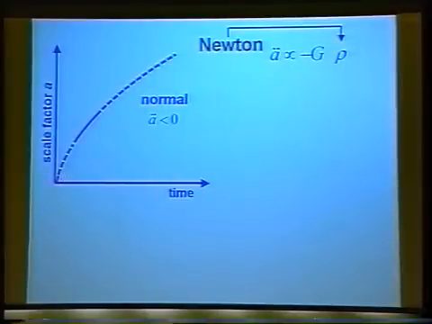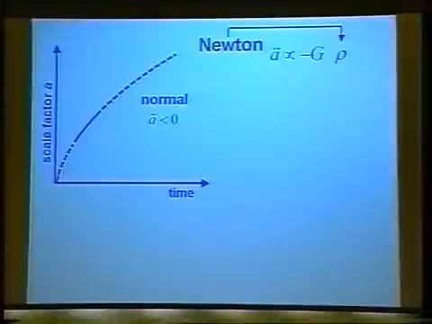So this would result in the familiar curve of the evolution of the scale factor with time, where the universe starts with a bang about 15 billion years ago last Tuesday, and then expands and slows in expansion because of the attractive nature of gravity. So it slows and either eventually recollapses or expands forever.